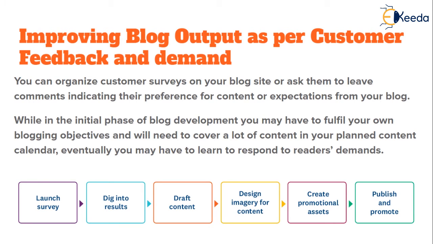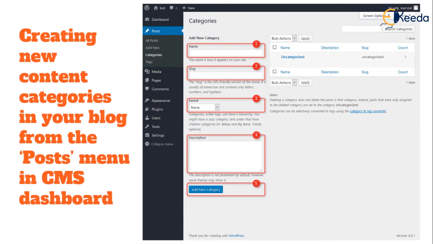Now, what it requires also sometimes is for you to create new content categories in your blog. It's possible that when, let's say, you started a food blog and you're writing about Indian cuisine and various dishes, things that can be made at home, things that are found as street food, things that are there for gourmet Indian cuisine, and now somebody comes along and says that they want you to cover state specific cuisine, and there is no existing category in your blog which is dealing with state specific cuisines.